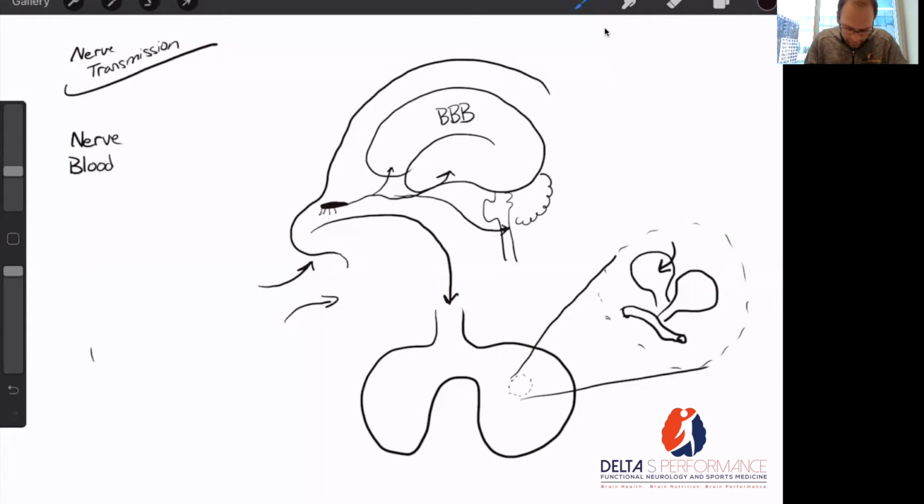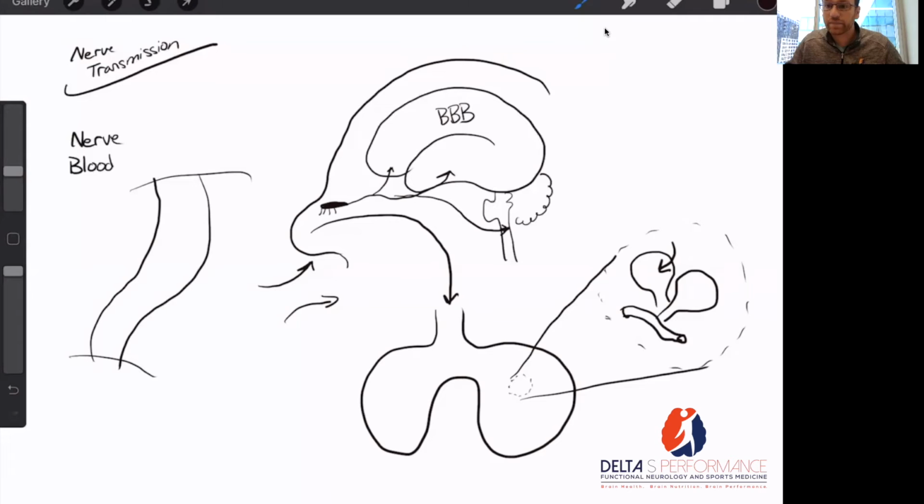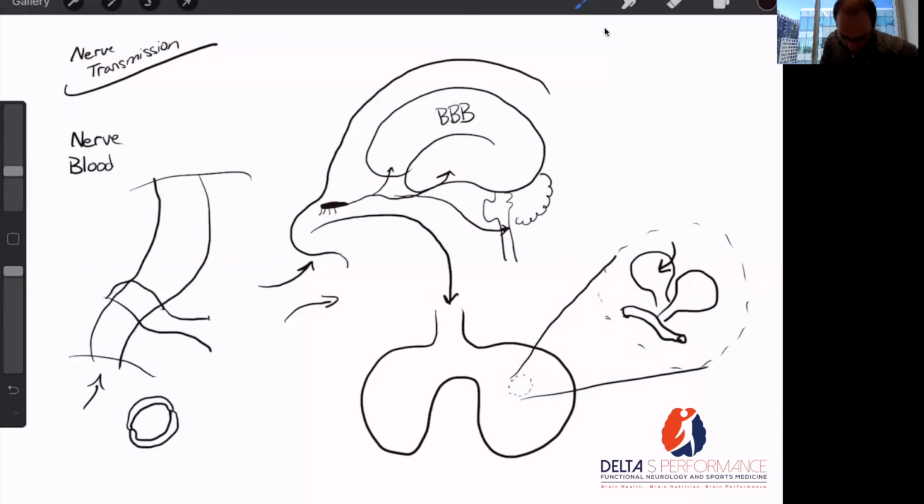So if you have a blood vessel that is traveling around the brain and supplying nutrients to the brain, you have cells. If we're looking from this direction, you have cells that actually make up the wall of the blood vessel. It's not just tissue. You also have cells that cover the blood vessels, and these are known as astrocytes.